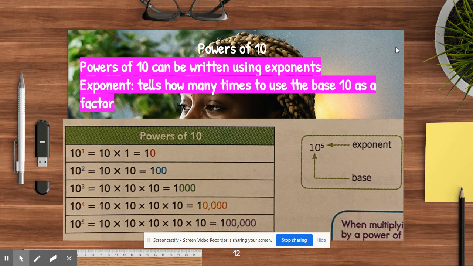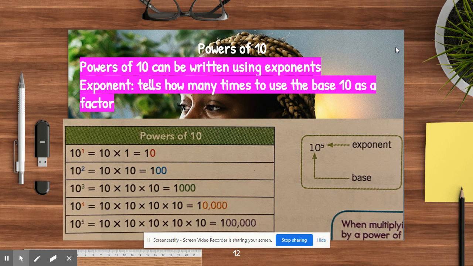Now, when you're writing that definition, do not put the number 10 inside your definition. Just tell yourself that an exponent is how many times to use the base, which is the big number, as a factor. That's what an exponent does.